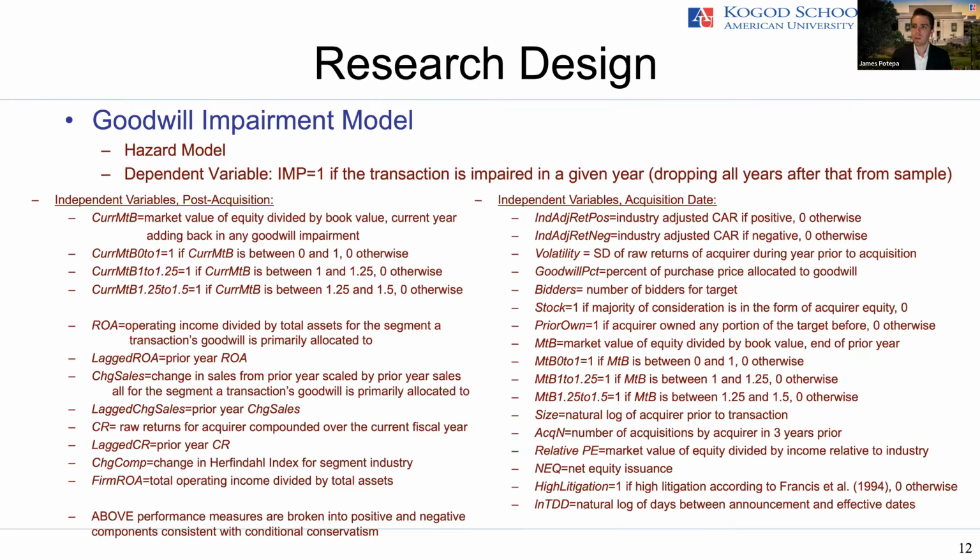The idea is those are a powerful test for whether or not there's going to be a goodwill impairment. What we're adding here are indicators for market to book between 1 and 1.25 and between 1.25 and 1.5. What we're concerned about is that maybe there are some differences across segments, and maybe there are things that aren't showing up in our traditional measures, so we're expanding that a little bit.